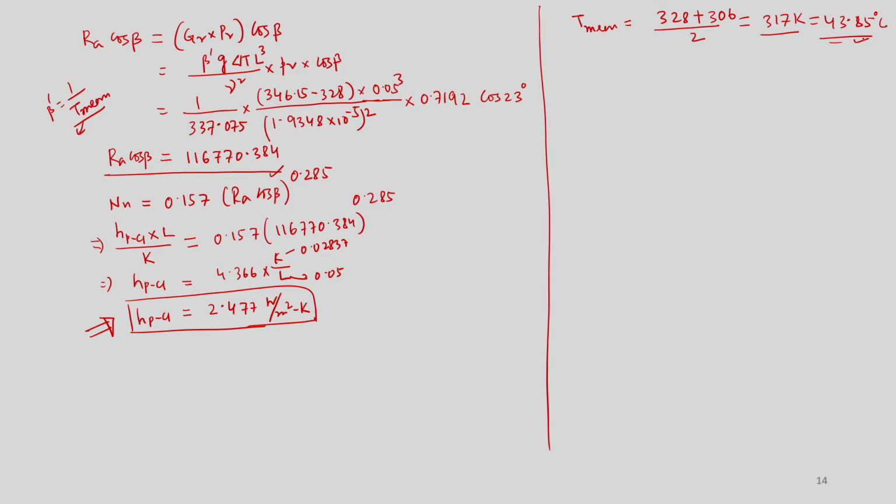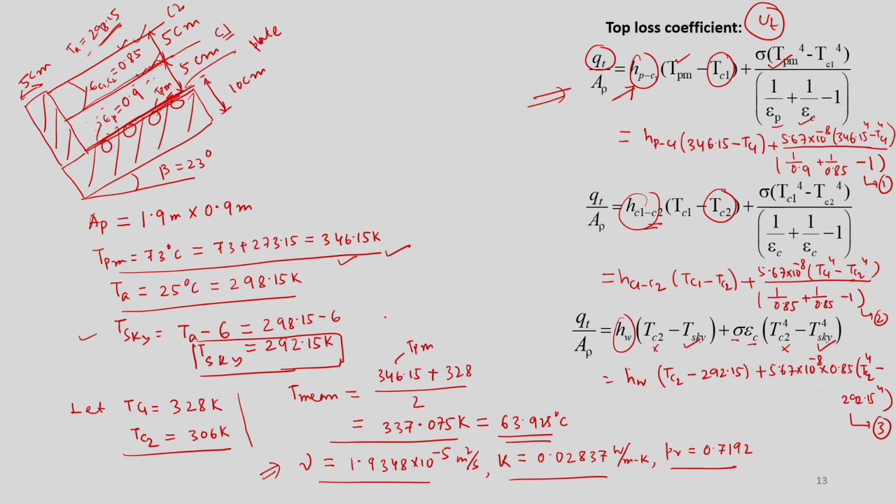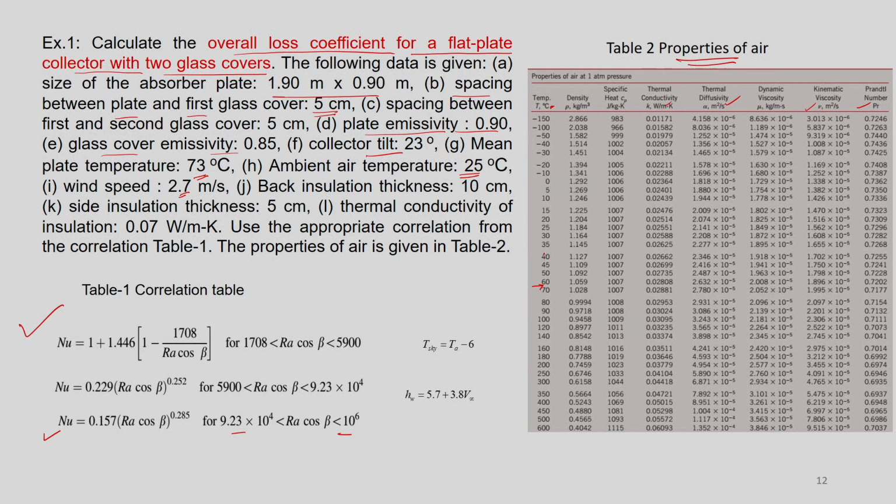So, now properties of air need to be taken at a temperature of 43.85. So, just go back to this slide, this is 43. So, properties will be in between this 40 and 45. So, we need to find out the properties by doing some kind of calculation here. Right, this is in between 40 and 45. So, we need to apply our principle of interpolation.